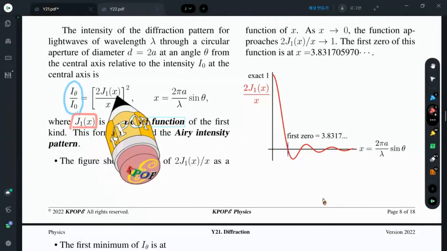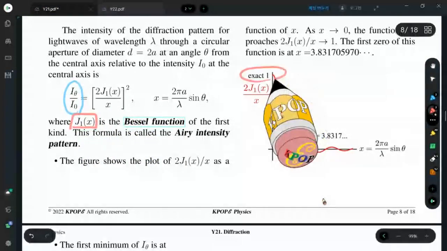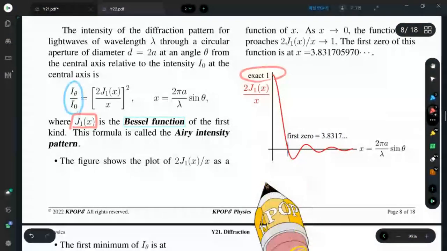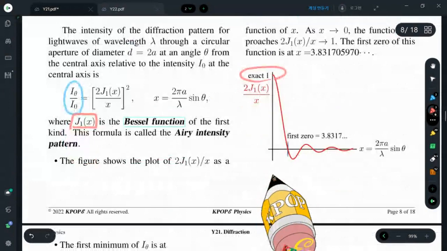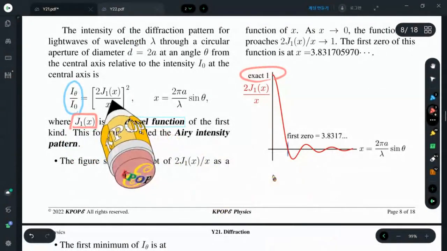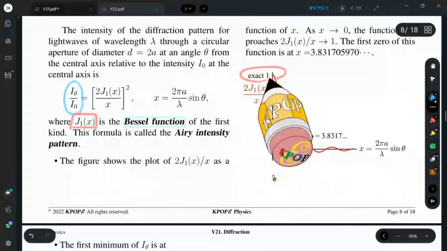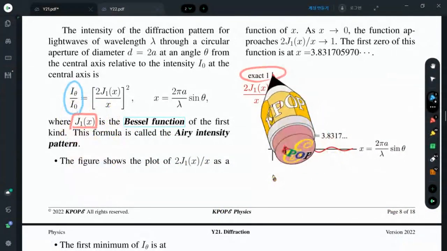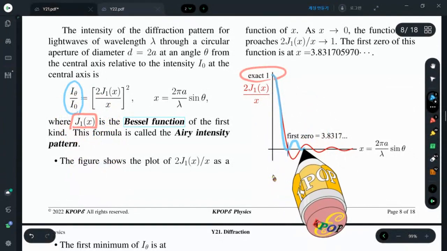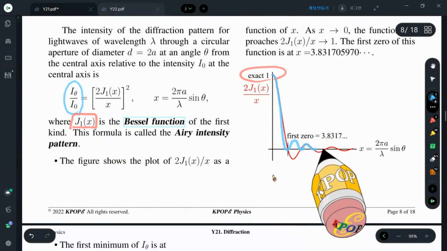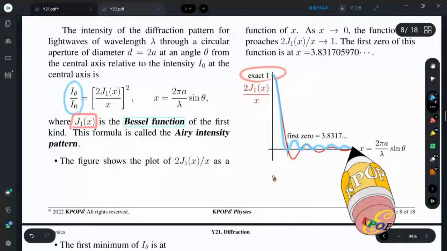And again, as x goes to 0, this value becomes exactly 1, similar to the sinc function. And your final result should be the square of this. So actual diagram for relative intensity should be something like that. Increase and 0, increase 0. So it will show a wiggly behavior in such a manner.